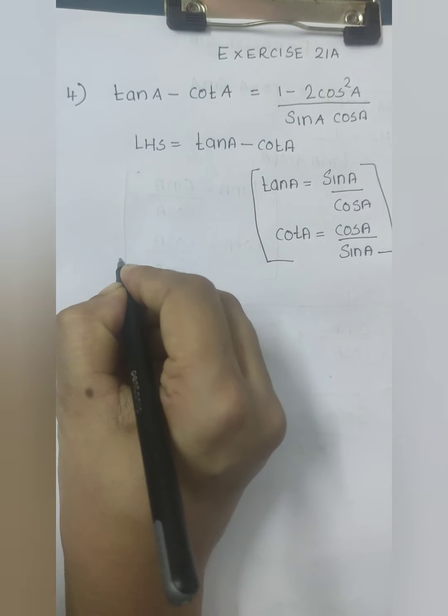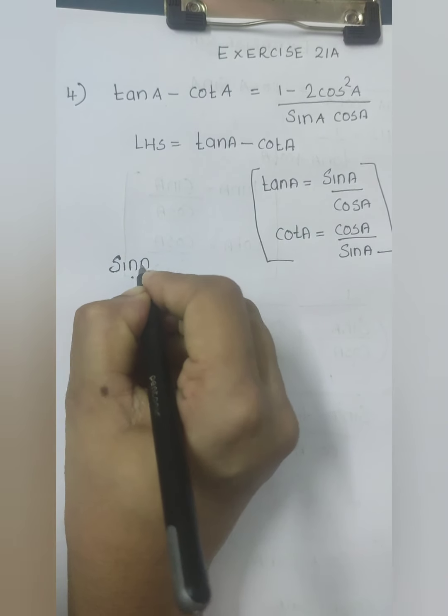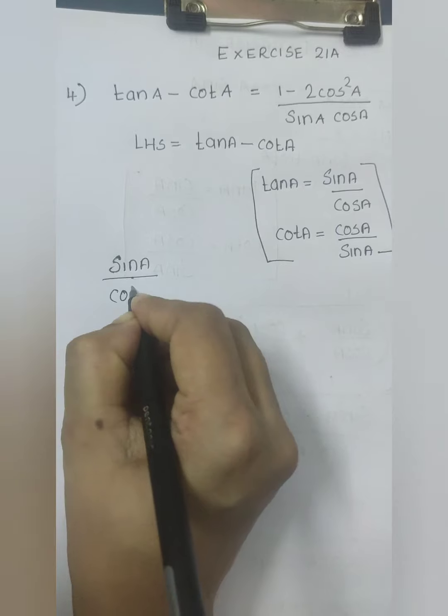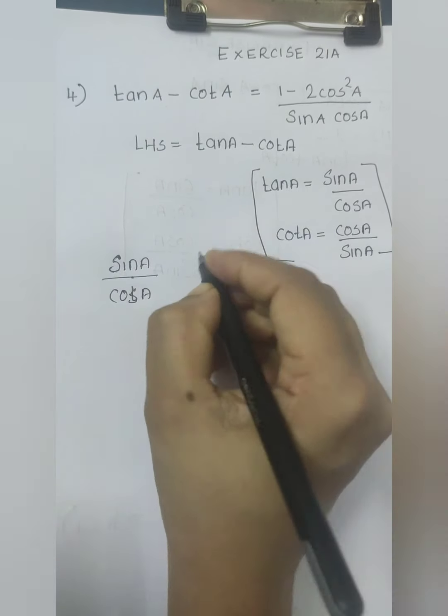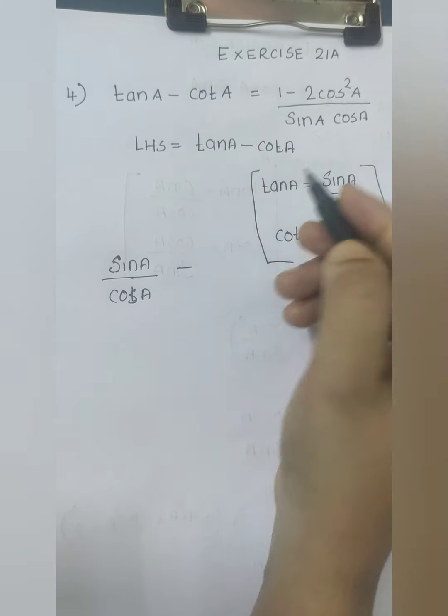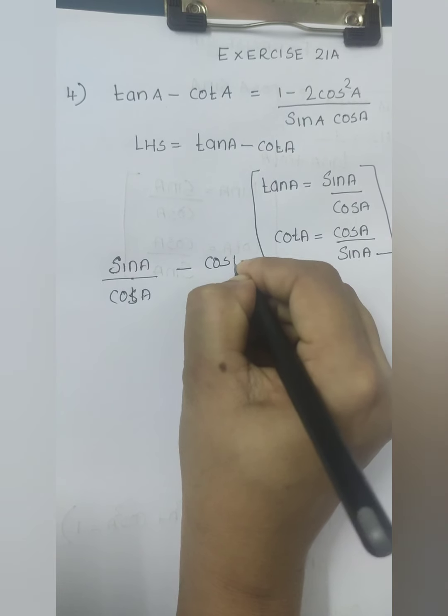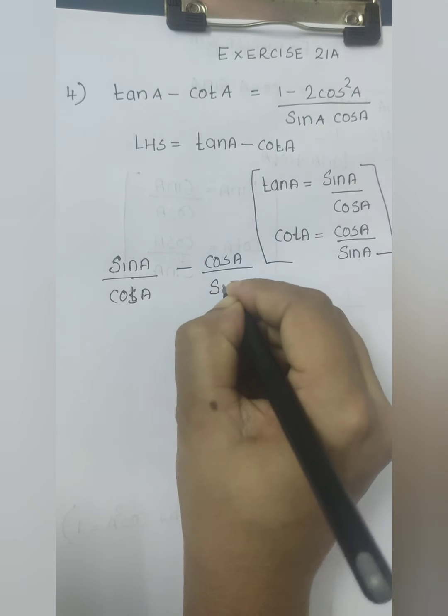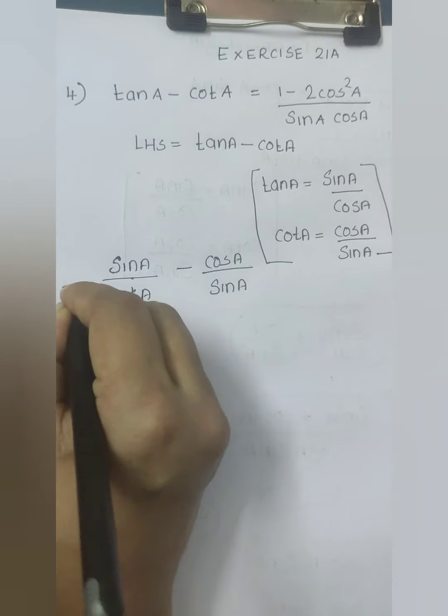Instead of tan A, sin A by cos A minus, instead of cot A, cos A divided by sin A.